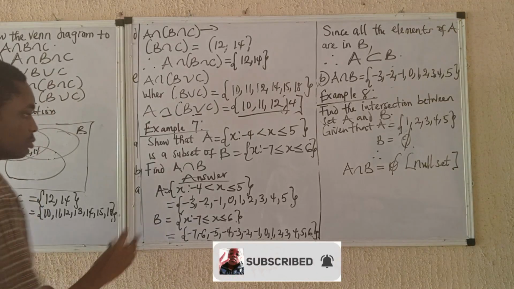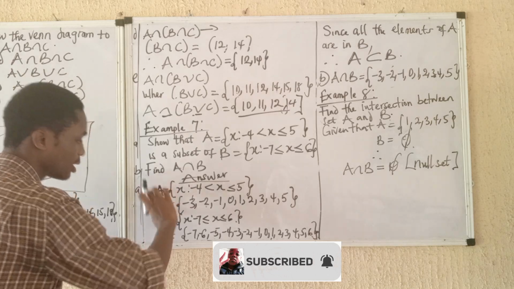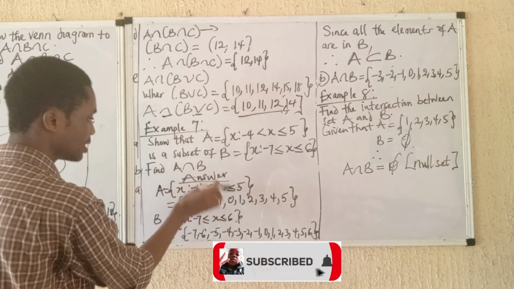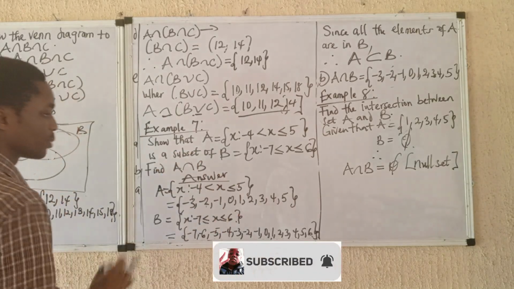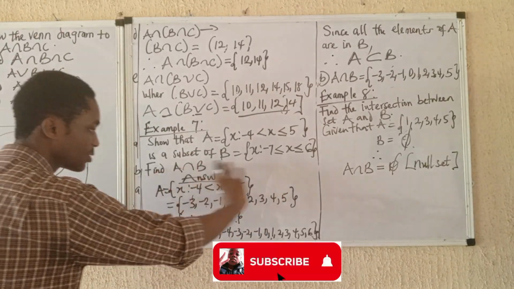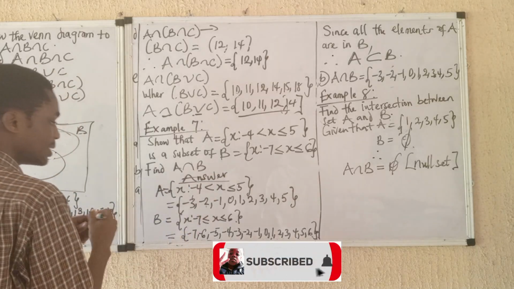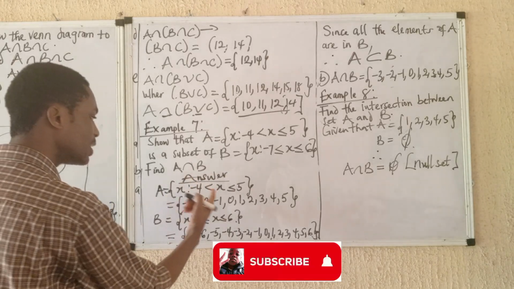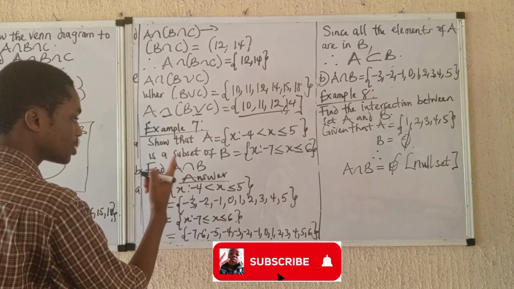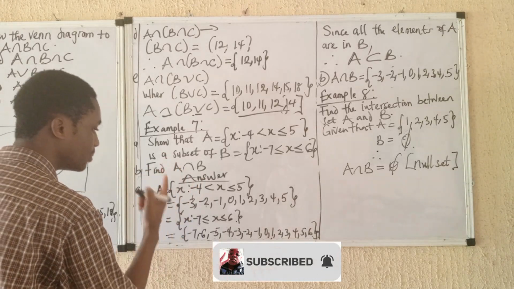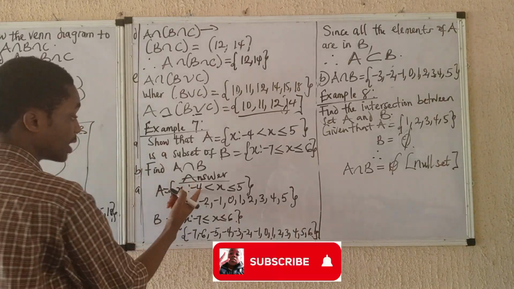Answer. A contains the member X such that X is greater than -4 and less than or equal to 5. Interpreting this question, set A equals, since X is greater than -4, we start our counting from -3. -3 is for sure greater than -4.